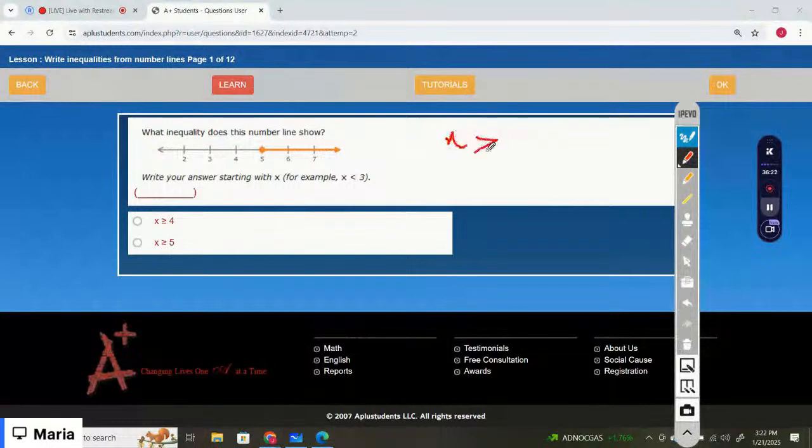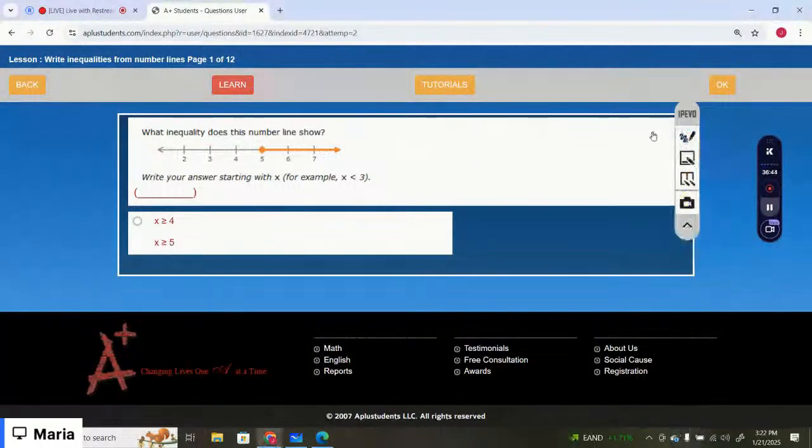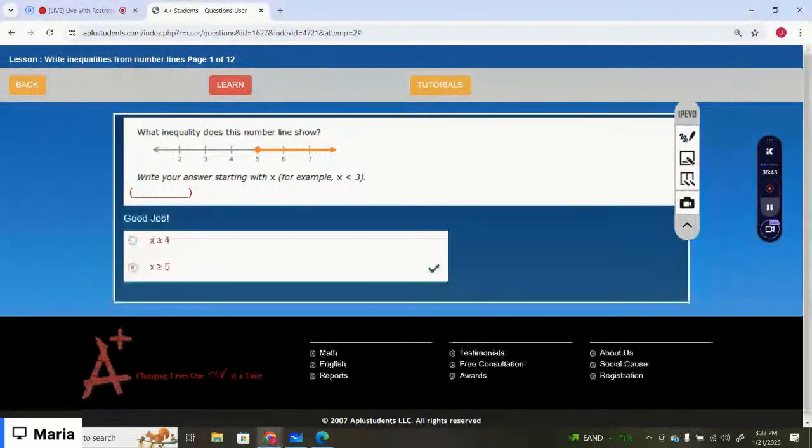So that means x is greater than or equal to 5. Option number 2 is the correct option.